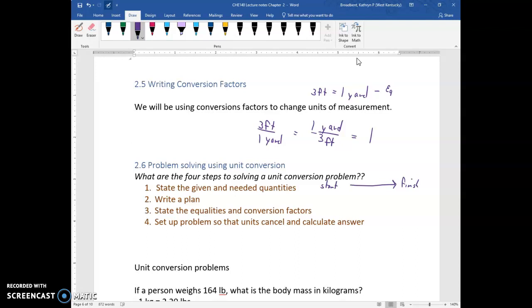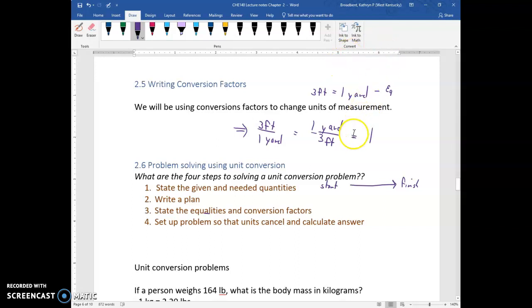Then you need to write a plan, state the equalities, the things that are equal, and then you can use your equalities to write the conversion factors like I did here, and set up the problem so that units cancel and that you get your answer with the right units. This is also called factor label method. Some people call it railroad track unit conversions. But let's work a problem.